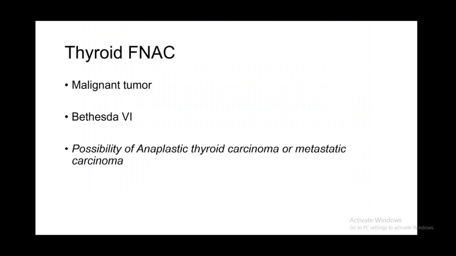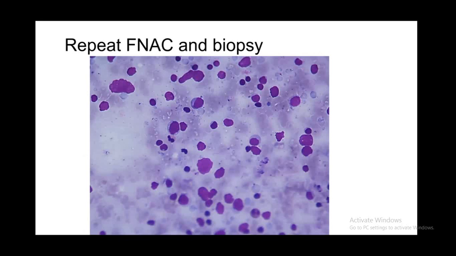This was reported as a malignant tumor, and because this was a large mass in the thyroid with an epicenter in the thyroid, the reporting pathologist gave a possibility of anaplastic thyroid carcinoma and also considered metastatic carcinoma. And a repeat FNAC and a repeat biopsy were performed, and what we saw were much better preserved cells now.